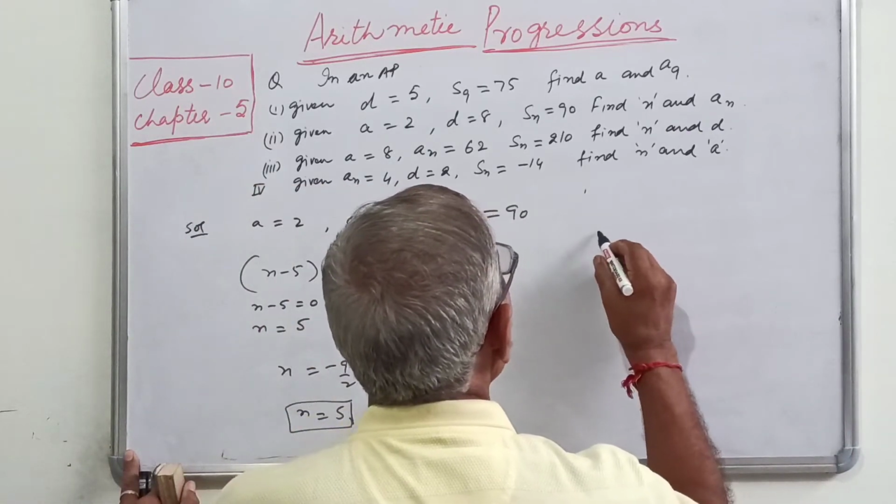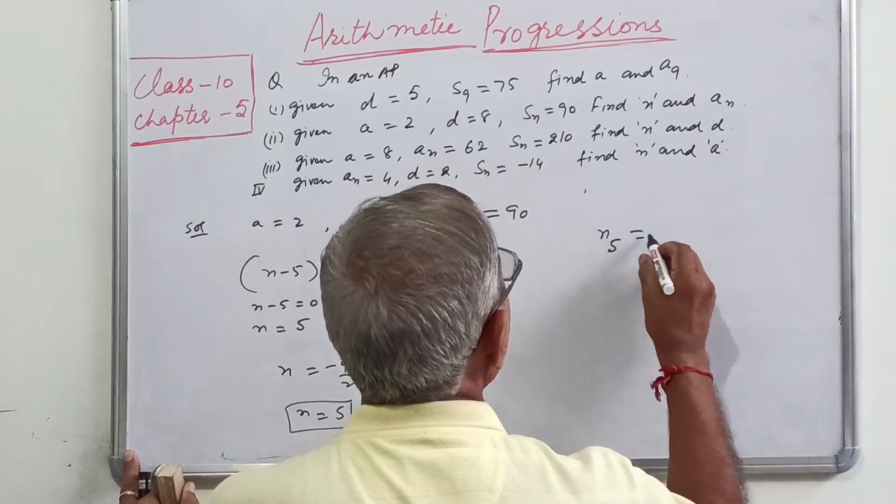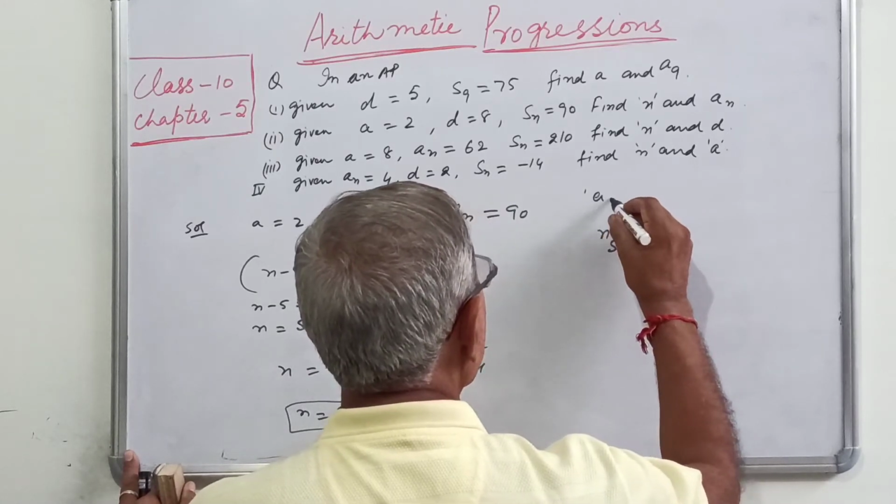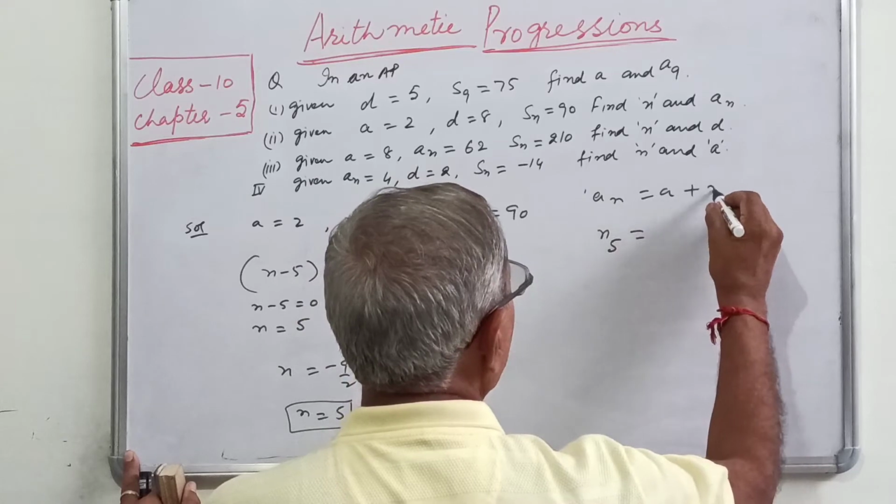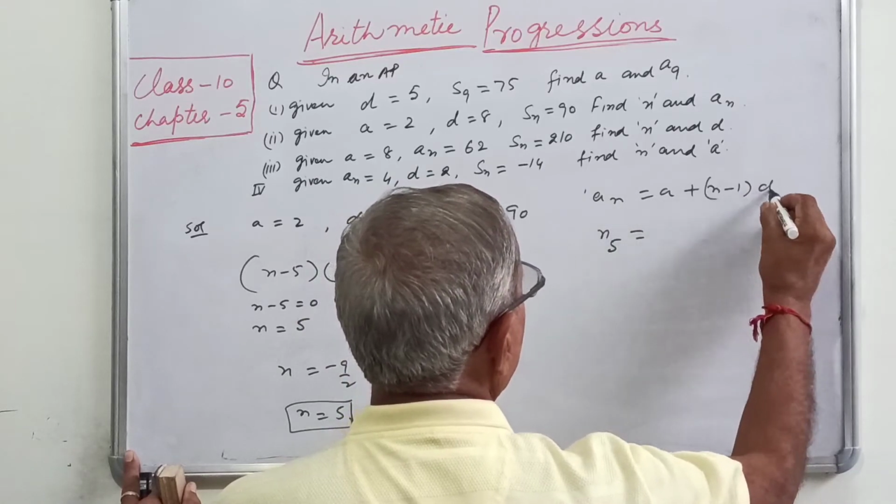So n is 5, because a n is equal to a plus n minus 1 into d.